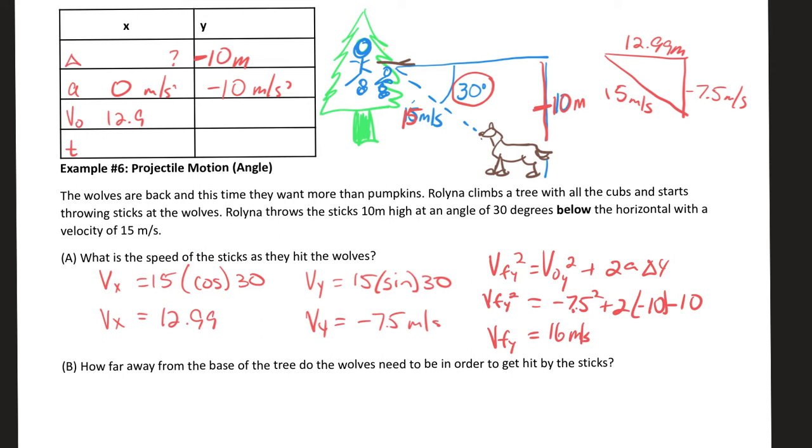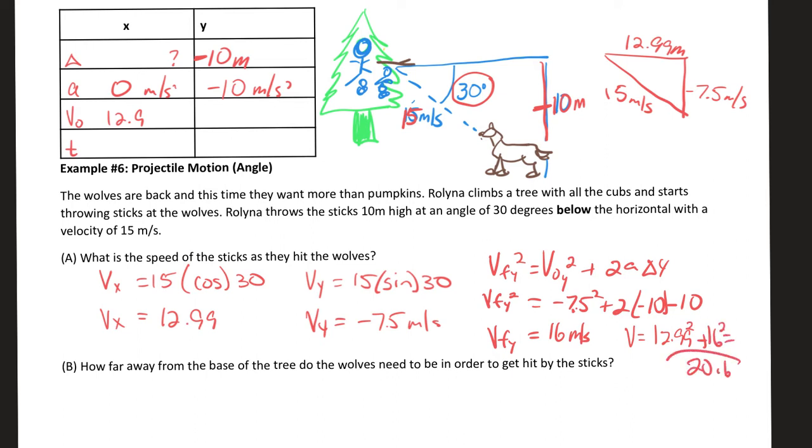So now I've got 16 meters per second as the final velocity. And I did a horrible job showing where I went next. Here's the next thing I've got written down. My speed is going to be equal to the square root of 12.99 squared plus 16 squared, and that equals 20.6.